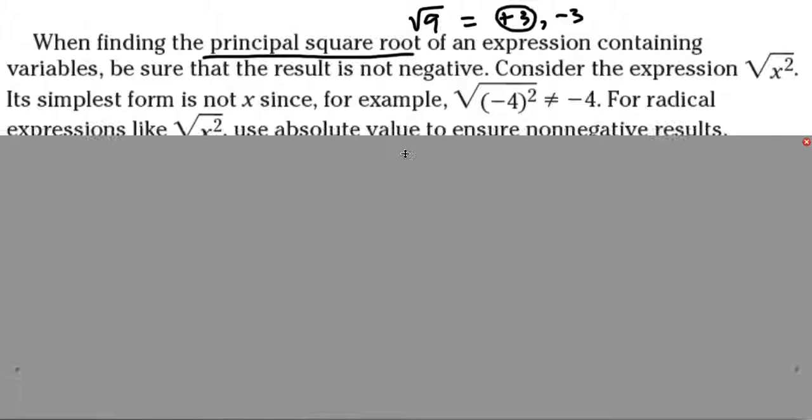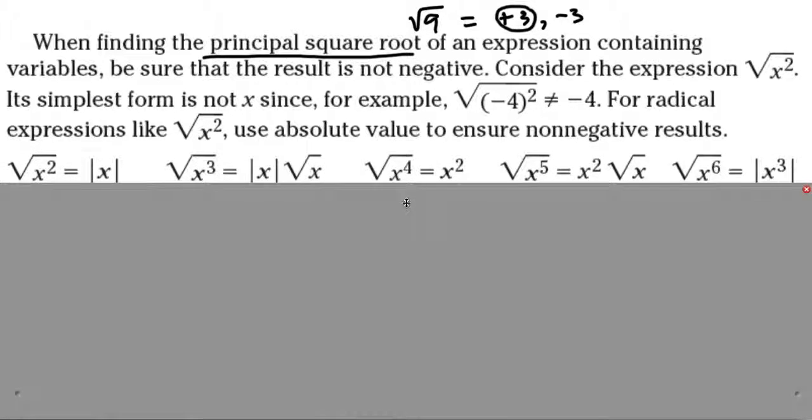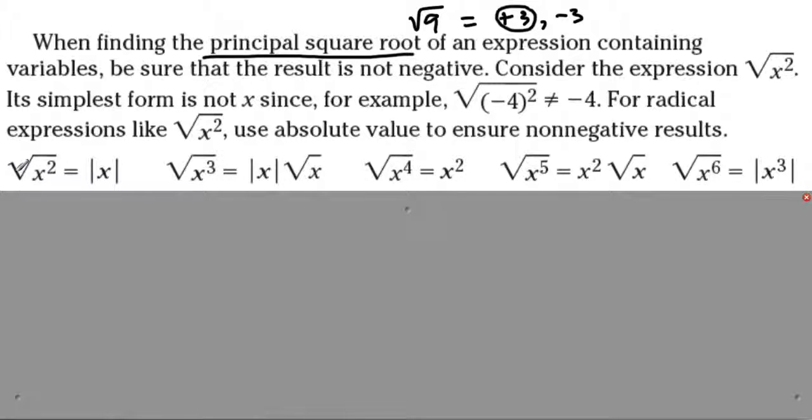So for radical expressions like radical x squared, to make sure that you don't get negative results, we do this. When you have radical x squared, you will put an absolute value sign, so the absolute value of x. For radical x cubed, this is simply radical x squared times x, so we get the absolute value of x times radical x.